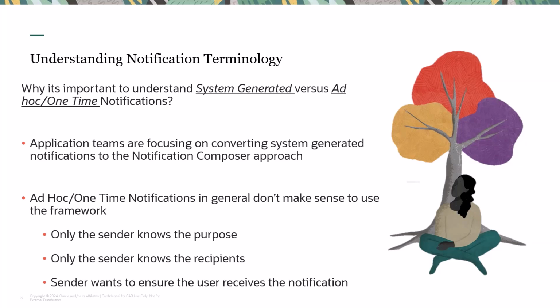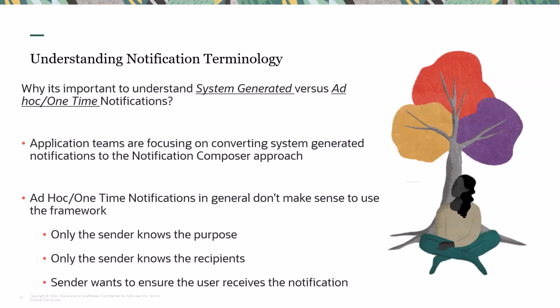Only the sender knows the reason why they're sending a notification. Notification Composer is all about the system generating this, and here are the recipients that the application figures out. So that's why it's not typically a good candidate to be Notification Composer enabled.